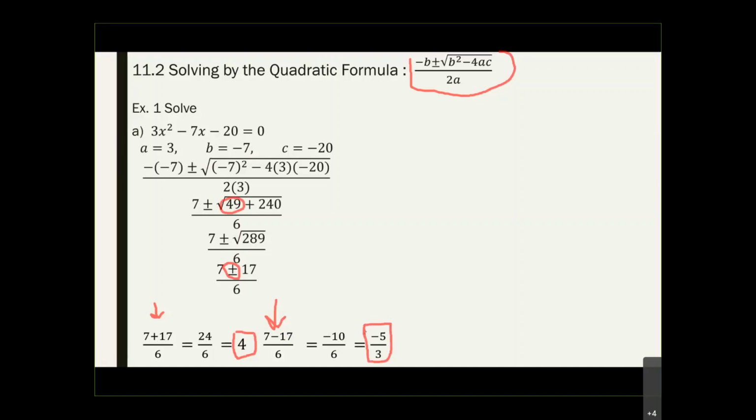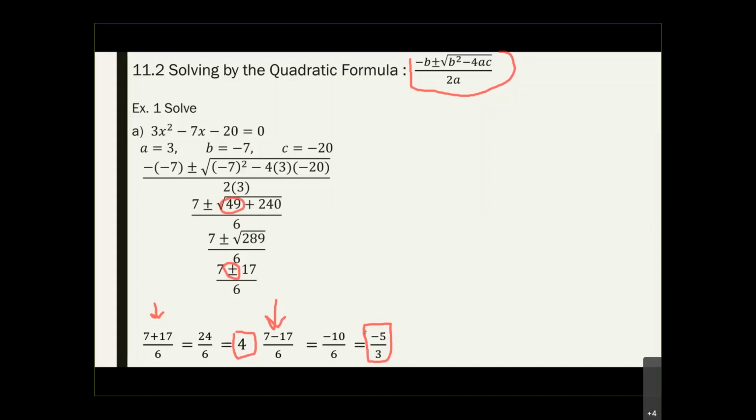If you don't see this formula, you have to factor by the AC method. In the AC method, 3 times 20 will give you 60. We need two numbers that multiply to give you 60 but subtract to give you 7. I think it's like 15 and 8 or something.